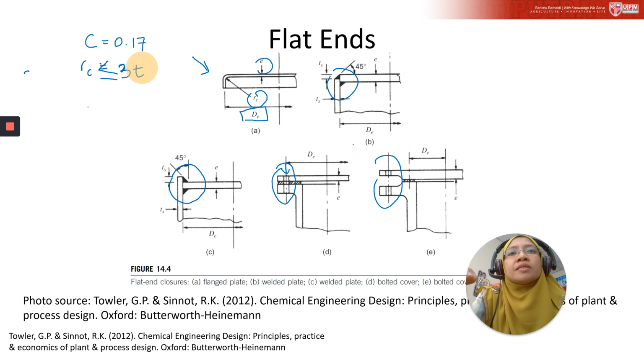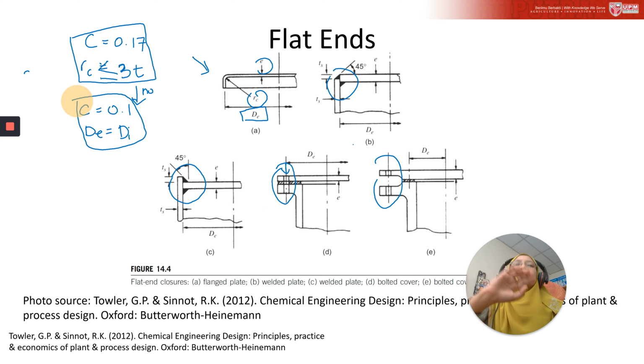Otherwise C is equal to 0.1, and De is equal to Di. So basically this is one condition. If your design doesn't meet this requirement, then you can use this other parameter in your design. That is the information that you can get from the ASME BPV code.